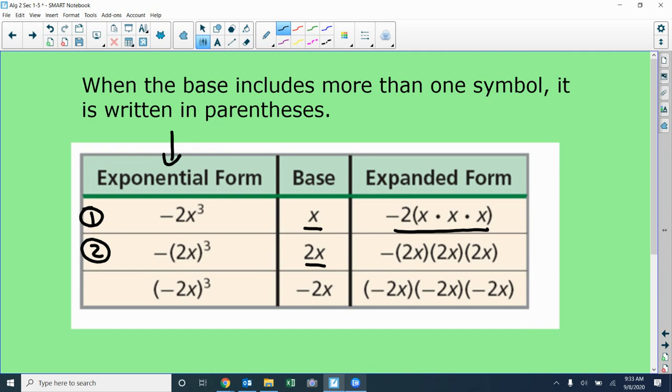So notice, we have the negative out front, but 1, 2, 3 of those. My third example here is that power of 3 is acting on both the negative, the 2, and the x. So the expansion would be how many of those? 1, 2, and 3.